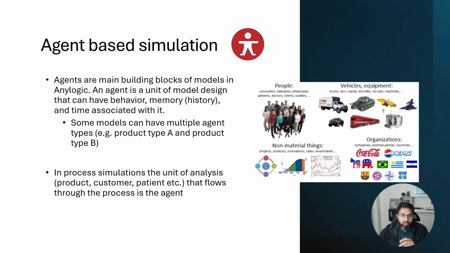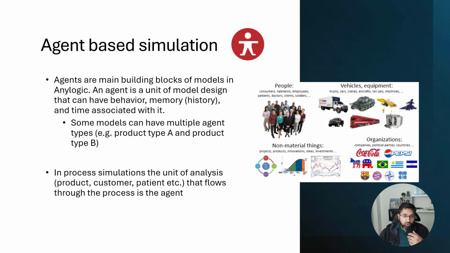So in the picture, you have some examples of things that people model as agents. Could be people, people going through a process, going through an organization, going to an airport. Could be vehicles. Could even be non-material things as agents. So agent could be things like projects, innovations.